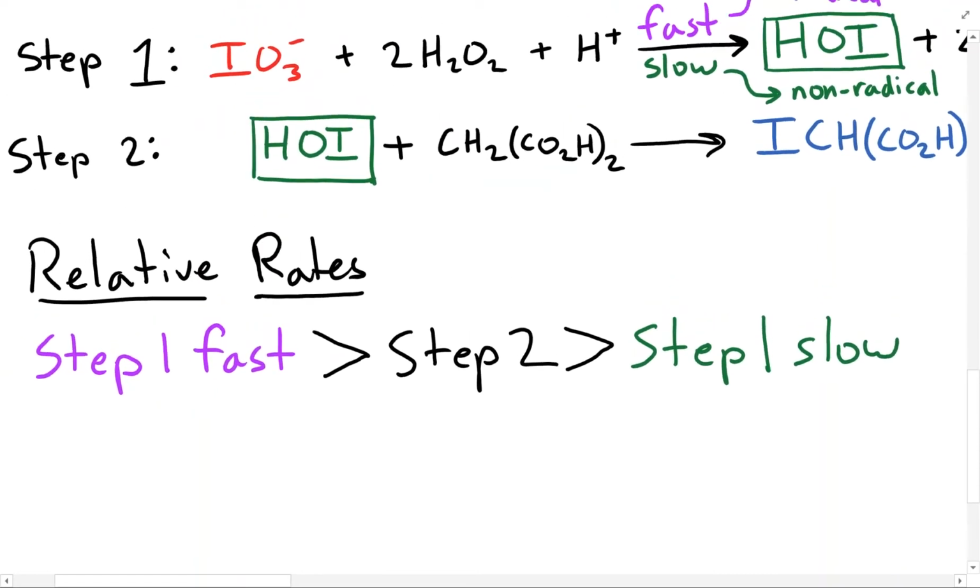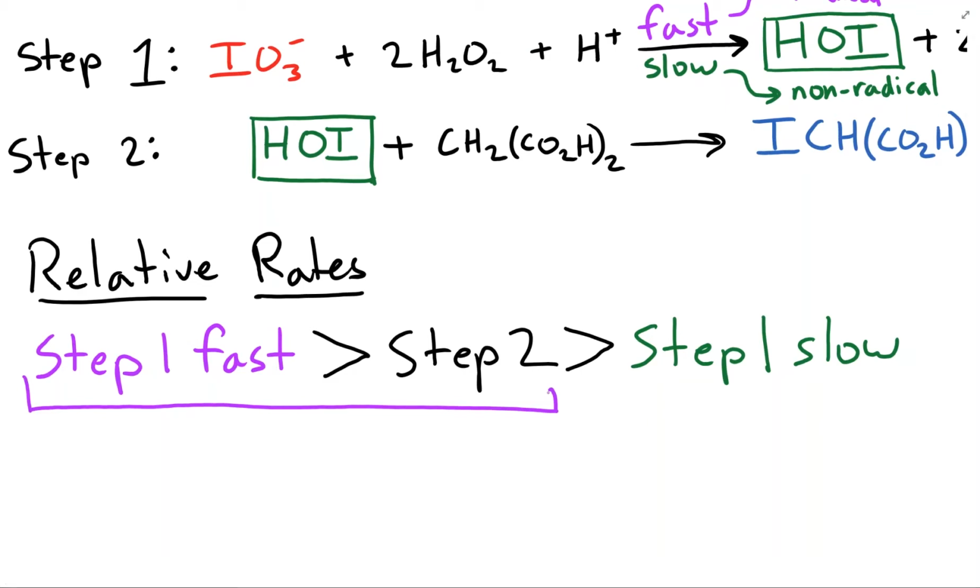Now, if we look at what each of these are producing, we notice that HOI is our common factor here. Step 1 produces HOI, step 2 consumes HOI.